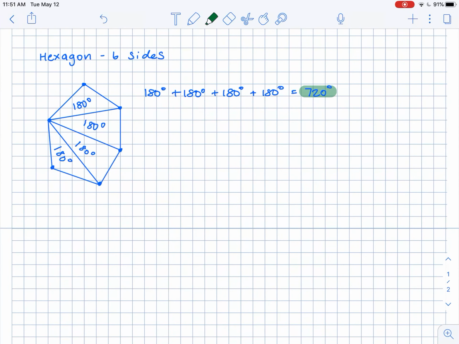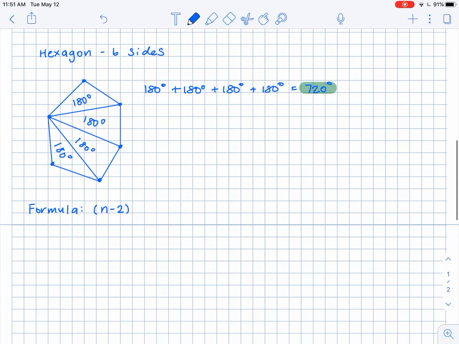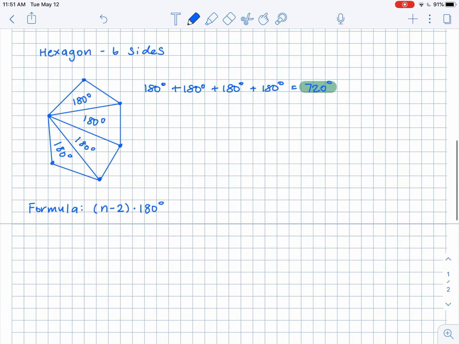Okay, so what is the formula for this? Well, you could always just draw out the shapes and create your triangles, or our formula is going to be the number of sides minus 2 times 180 degrees.